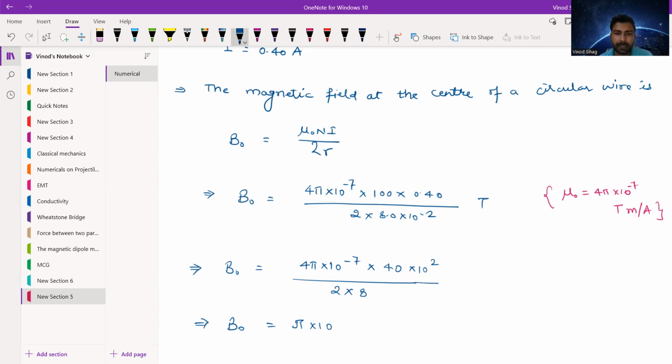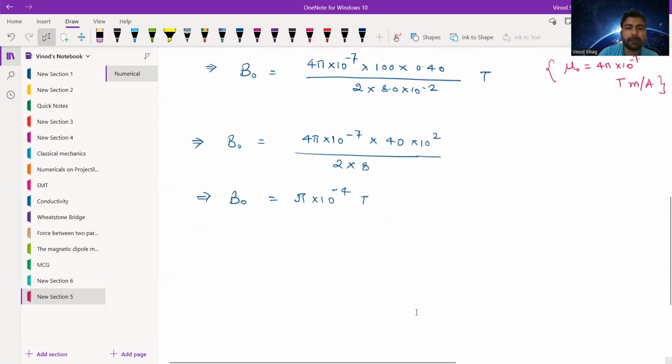So minus 7 plus 3 is minus 4 Tesla. So this will be the value of magnetic field at the center of the circular loop. If you want to write the value of pi also, then it is also correct. So it will be 3.14 into 10 to the power minus 4.